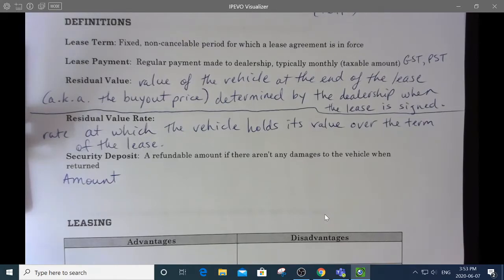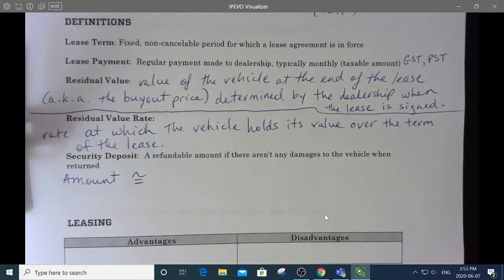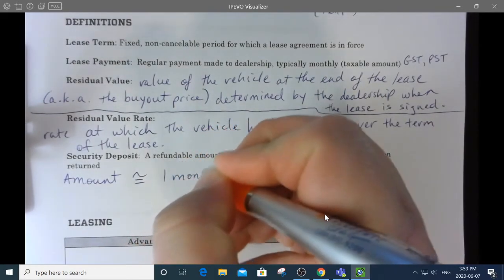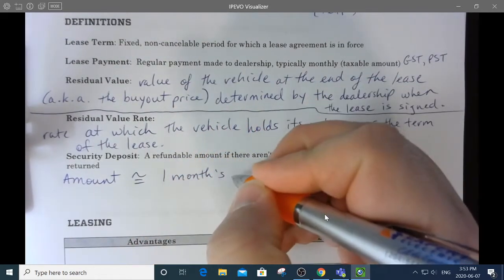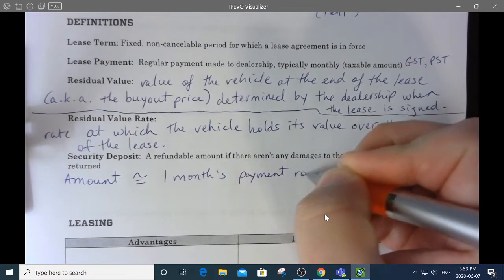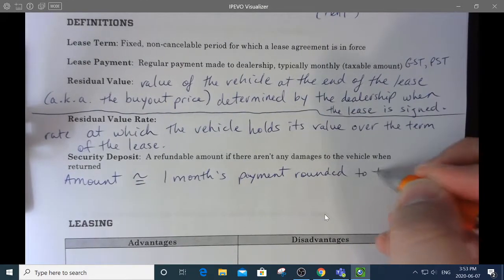And it is usually, I'm going to say, an amount that's approximately equal to, are you used to that symbol? That means approximately equal to 1 month's payment, rounded usually to the nearest $50.